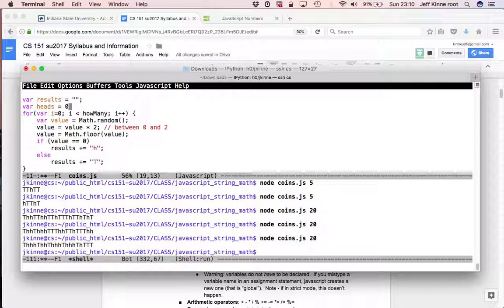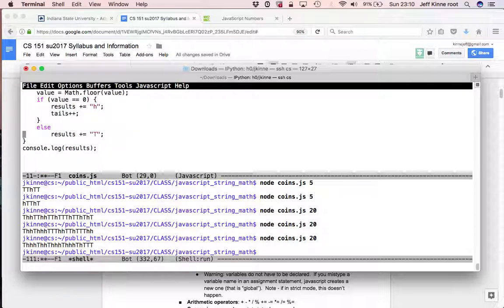Let's say heads equals 0, tails equals 0. And if it's a 0 and we print an H, then we should count tails plus plus. Sorry, that should be heads plus plus. And otherwise we should have a tails plus plus.